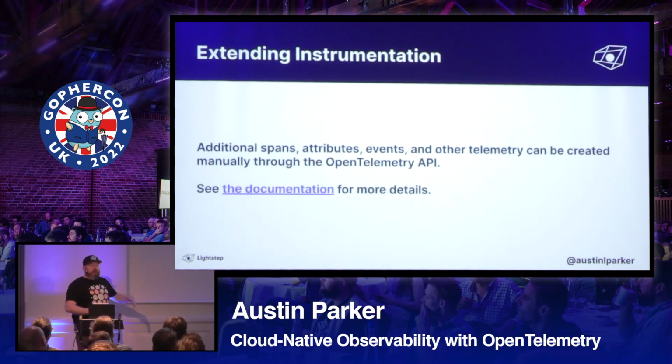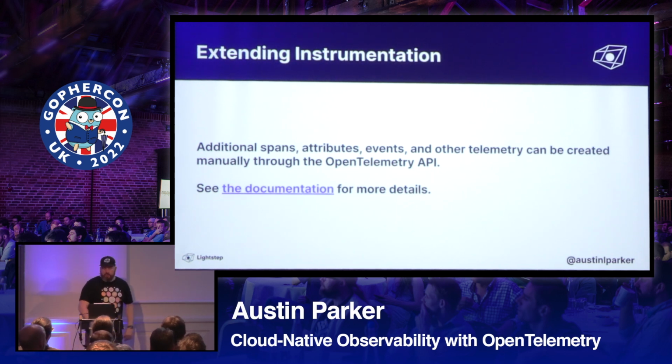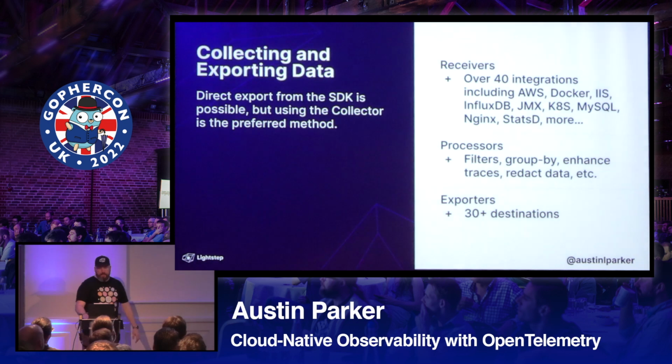The OpenTelemetry API lets you do a lot more than just that. You can do sampling, you can do events, you can do quite a bit of other things, and it's also very composable, so you can kind of add new stuff in. The OpenTelemetry documentation on the OpenTelemetry.io website is a good resource for it, or just looking at example code.